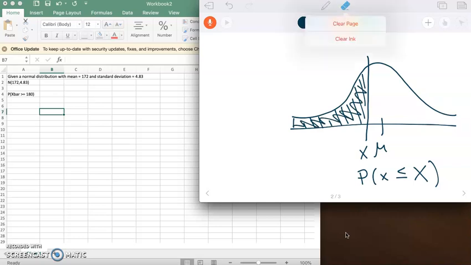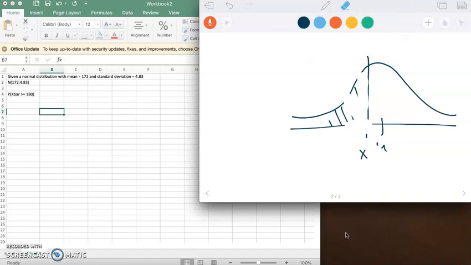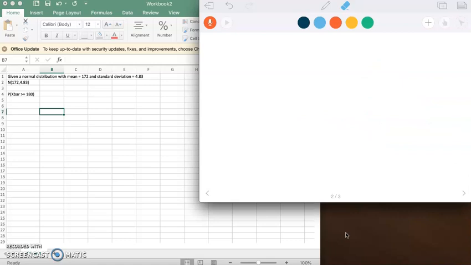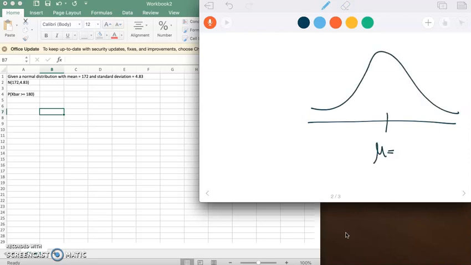Now, let's put this into the context of what we're actually looking at. In this problem, we have our curve and our mean here, which we're told is equal to 172.